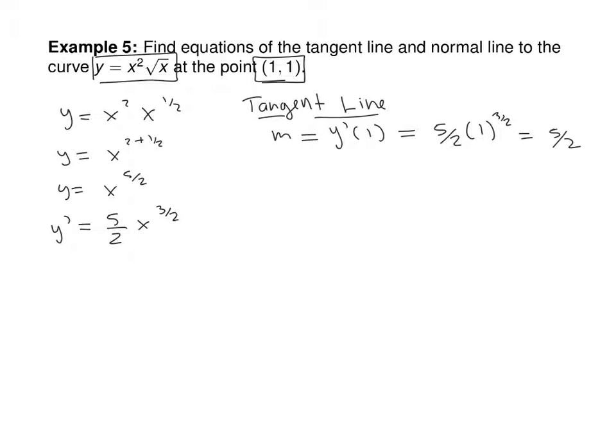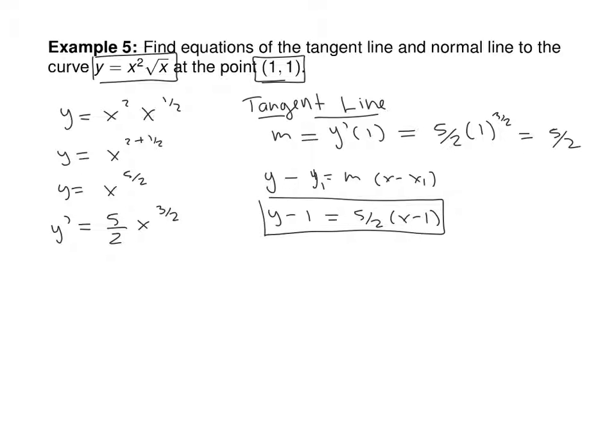Now that you have the slope, how do you get the equation? y minus y1 equals slope times x minus x1. So y minus 1 equals 5 halves times x minus 1. I didn't say get it in slope-intercept form, so I'm going to be lazy and not.